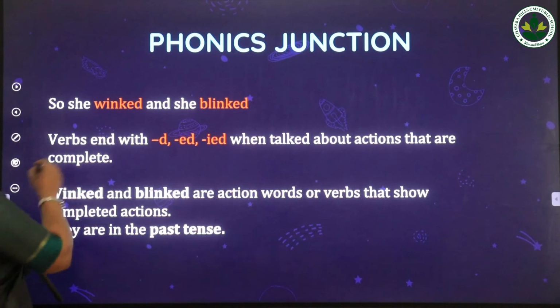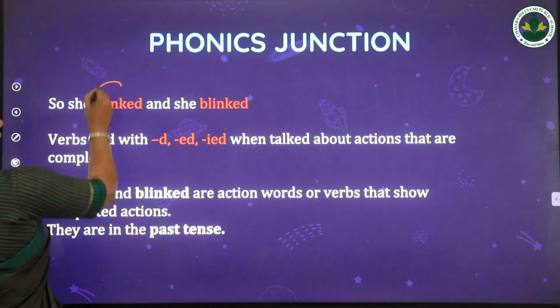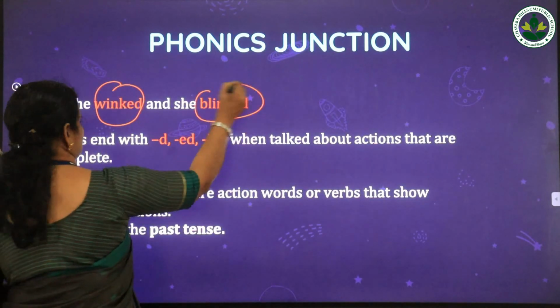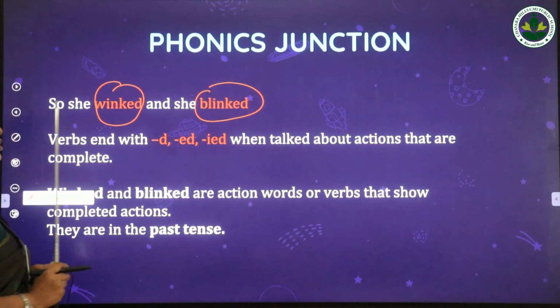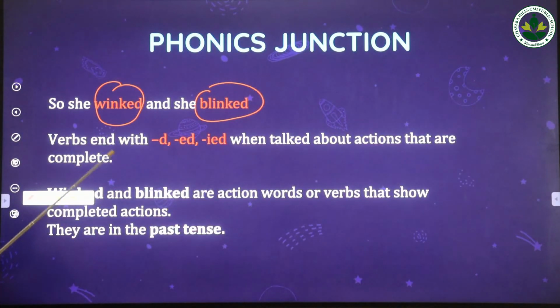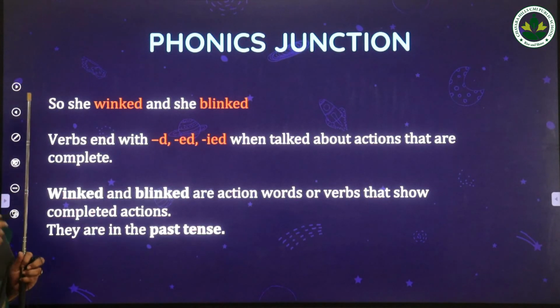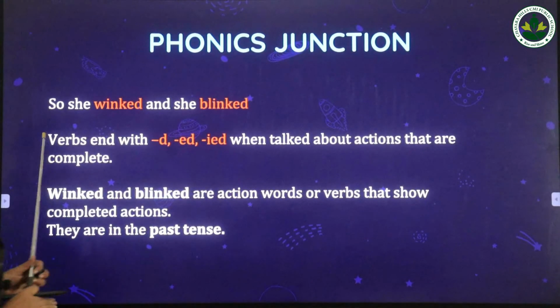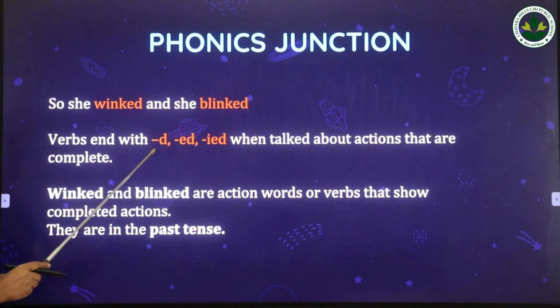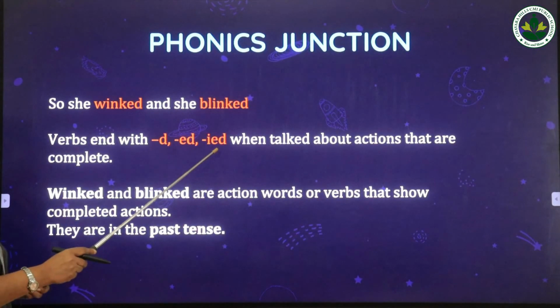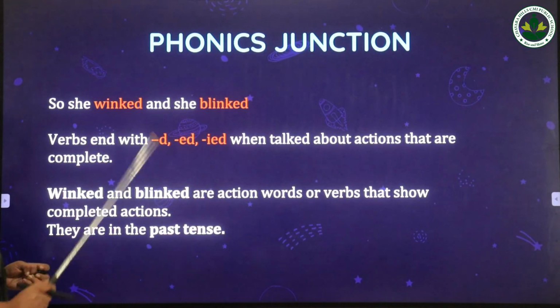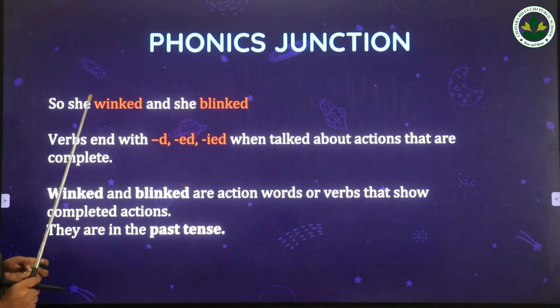So here the words you see are winked and blinked. The verbs end with D, ED or IED when talked about actions that are complete. You have to remember that those are actions that are complete.